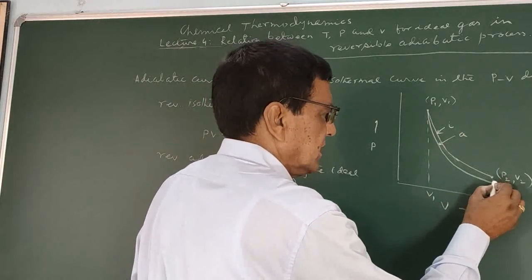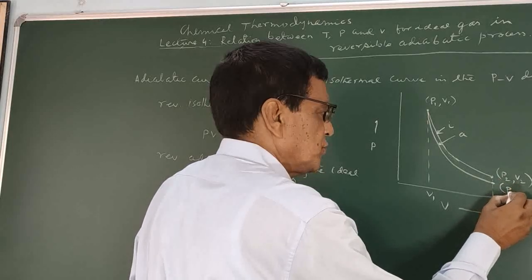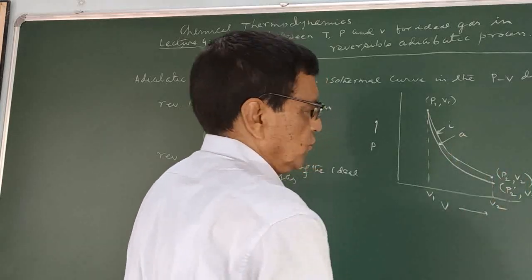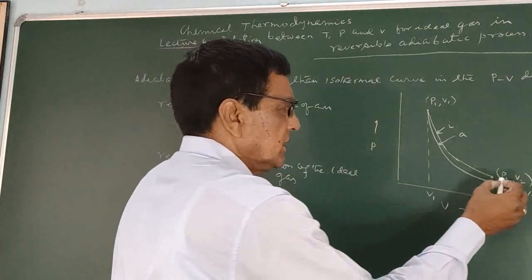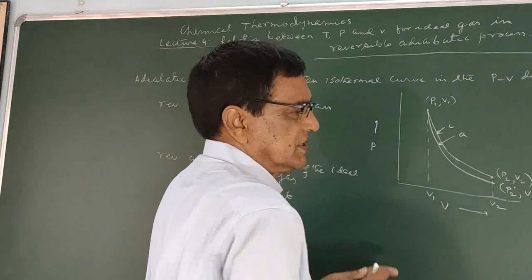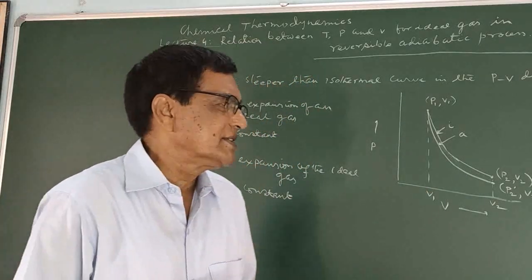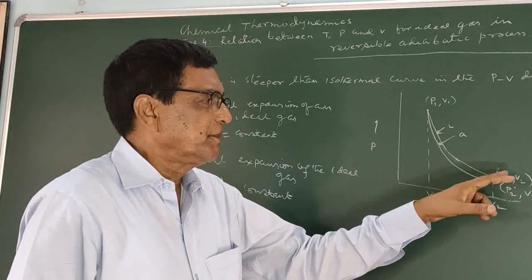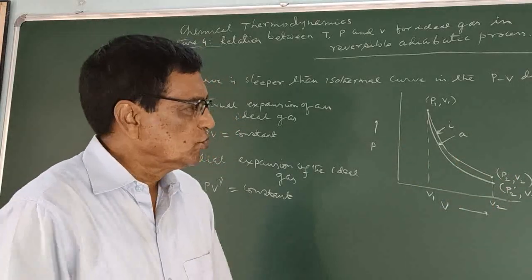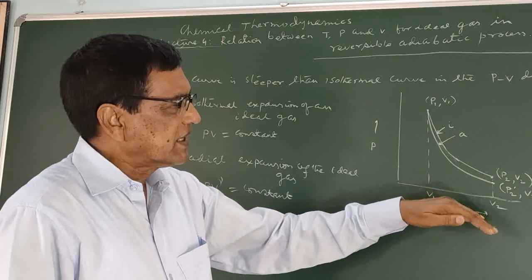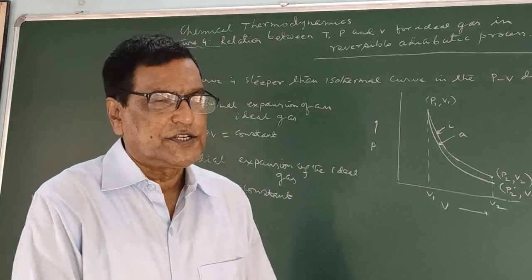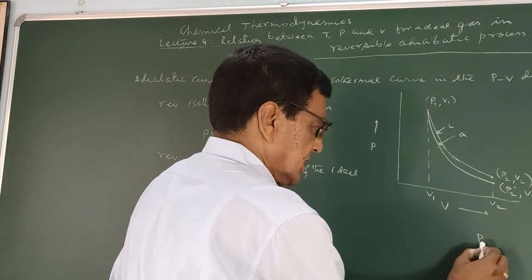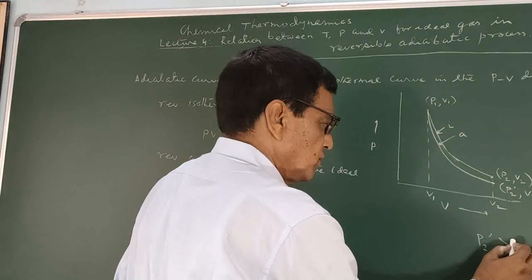Here the final pressures are P2 dash and P2. For the same volume change of this ideal gas in two different processes, the final pressures are different, though they started with the same initial pressure and same initial volume. P2 dash will be less than P2.